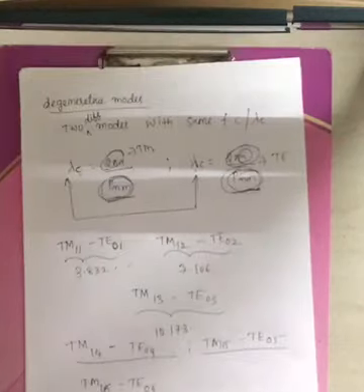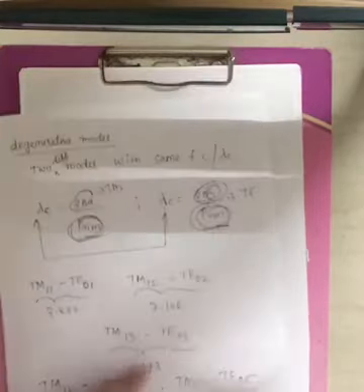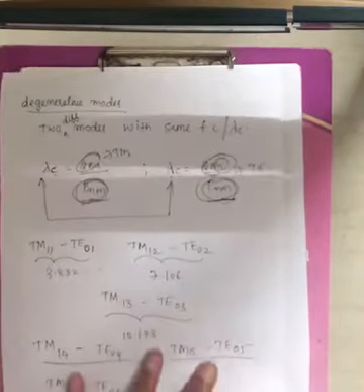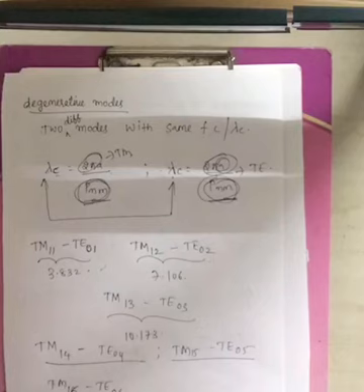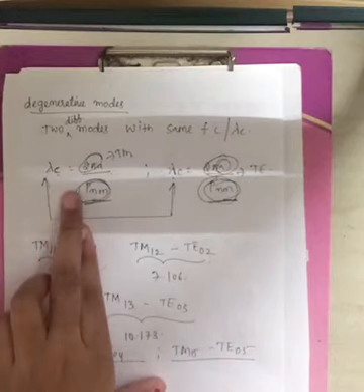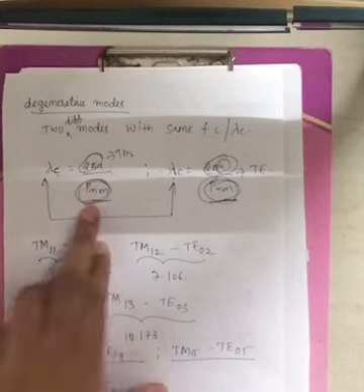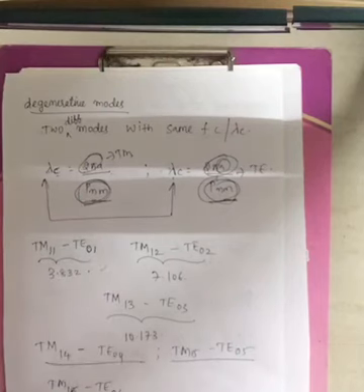Now let me briefly explain again. What are degenerative modes? Modes with the same cutoff frequency or the same cutoff wavelength. The cutoff wavelength expression is given by 2 pi a by P_nm for TM mode of propagation, and 2 pi a by P dash nm for TE mode of propagation.